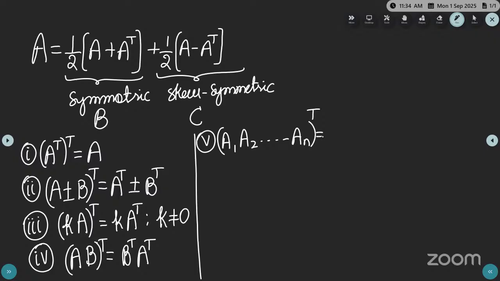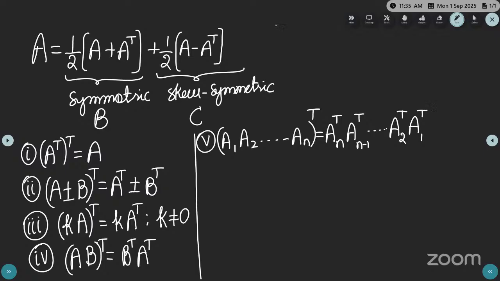AN transpose, after this AN minus 1 transpose, and so on, A2 transpose, A1 transpose. Is it clear? Right. Next.